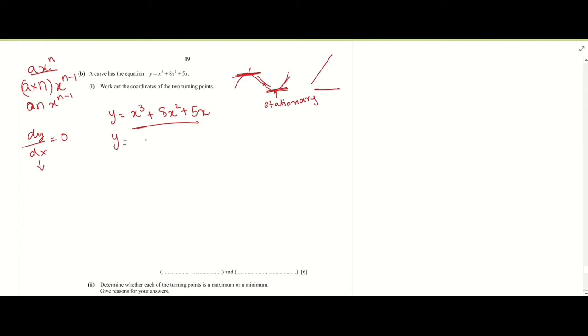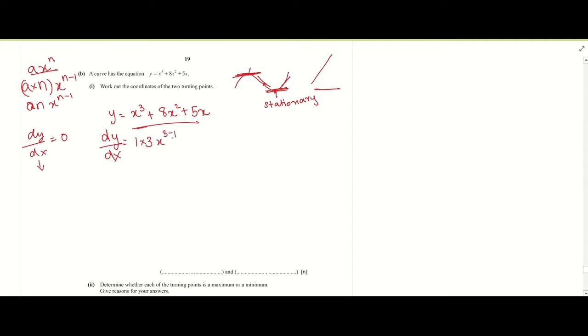So you have a coefficient of 1 that's going to be multiplied by the power of x, that is 3, in the initial equation. Sorry, this is going to be dy by dx, so be careful. Then it is multiplied by x raised to 3 minus 1.